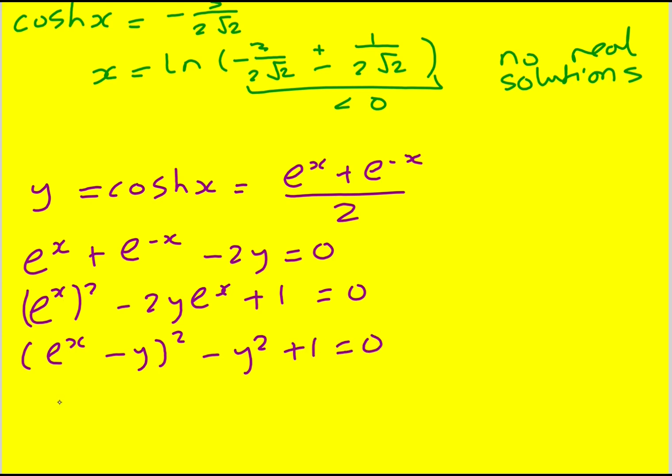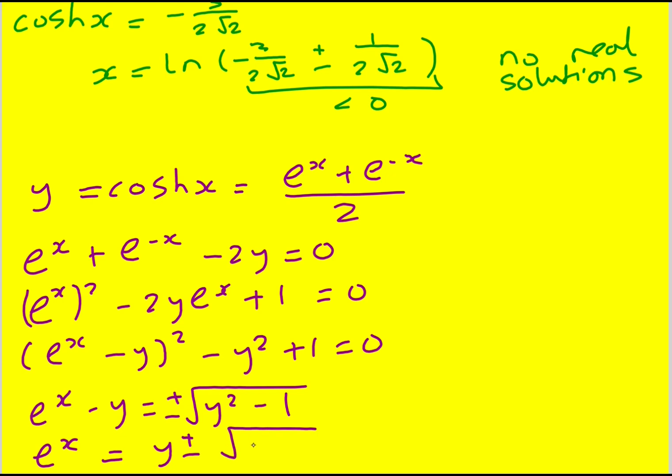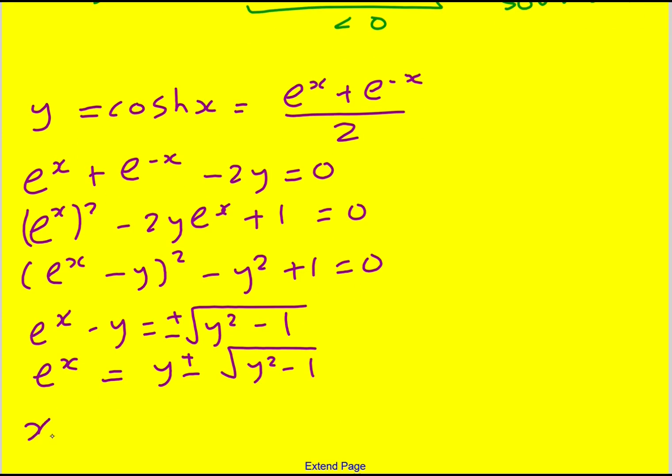Plus 1 equals 0. e to the x minus y is going to then equal, well, I'm going to get y squared minus 1, but then I'm going to be taking the square root and check it out, plus or minus. So e to the x is then y plus or minus the square root of y squared minus 1. And finally, x is equal to ln y plus or minus.